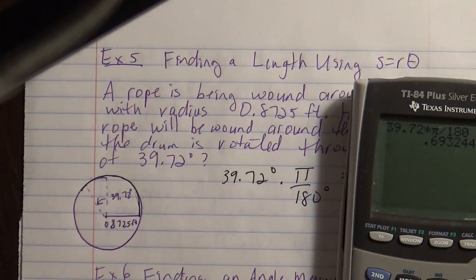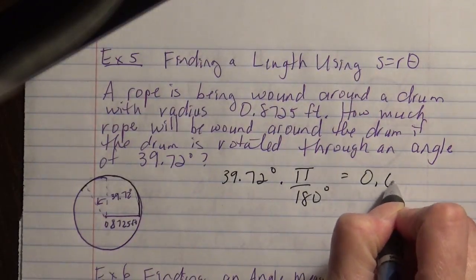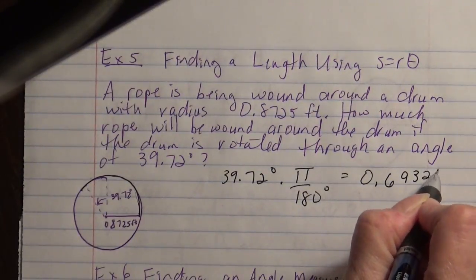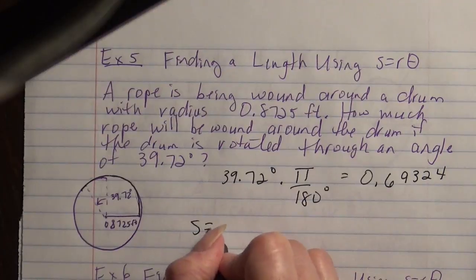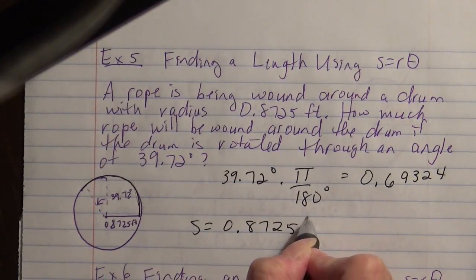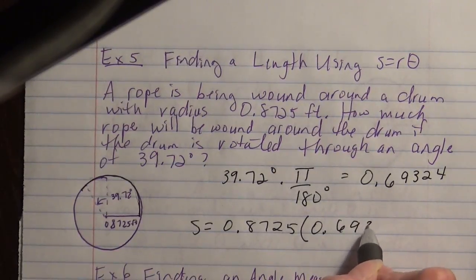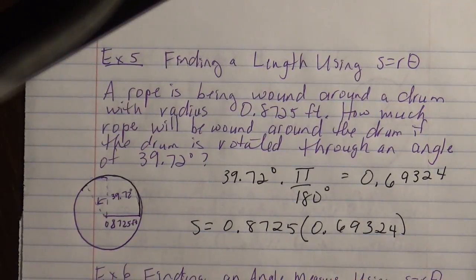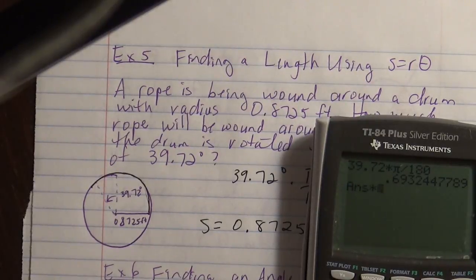Okay, that's giving me 0.693244. And then to get our arc length, we're going to do S equals our radius, 0.8725, times our angle theta, 0.69324. So I'm just going to keep the same number on my calculator screen and multiply that by the radius 0.8725.